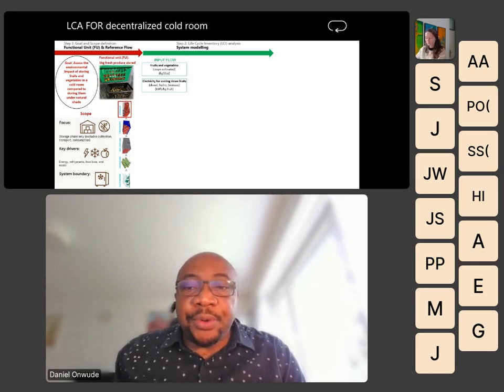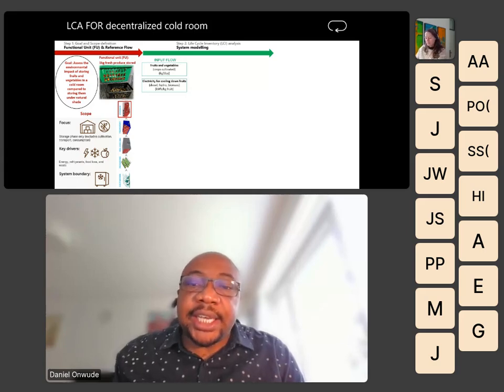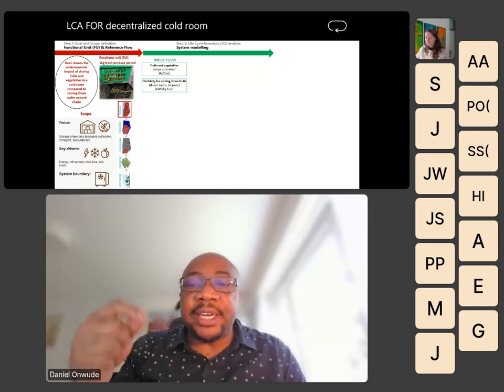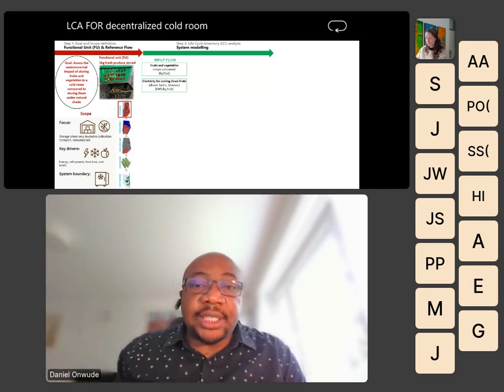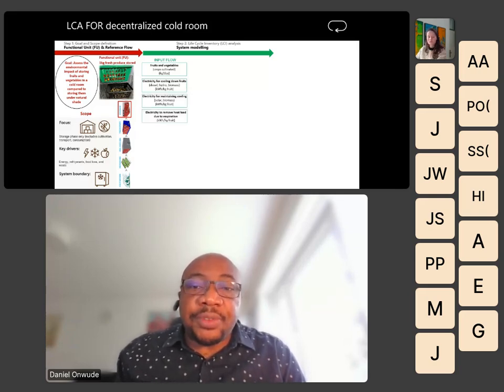So our input flow include the likes of electricity for cooling, maintaining the storage temperature, respiration loads, battery charging, and refrigerant leakage. Each parameter plays a key and distinct role in defining the emissions, right? So for instance, we have electricity for initial cooling, electricity to maintain the cold room temperature, and electricity to offset respiration heat load.